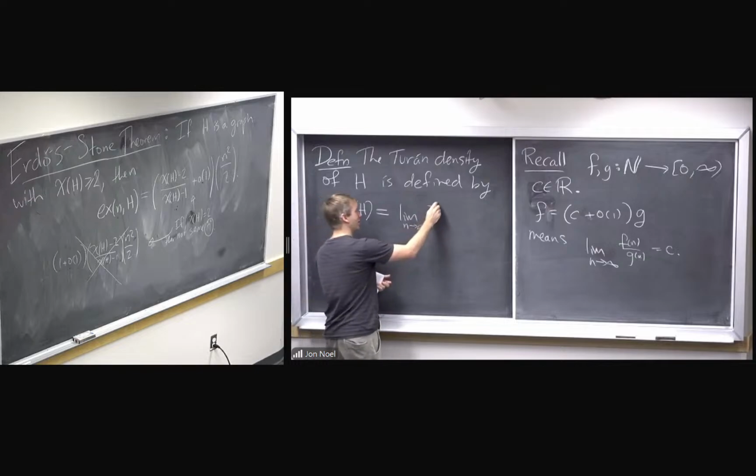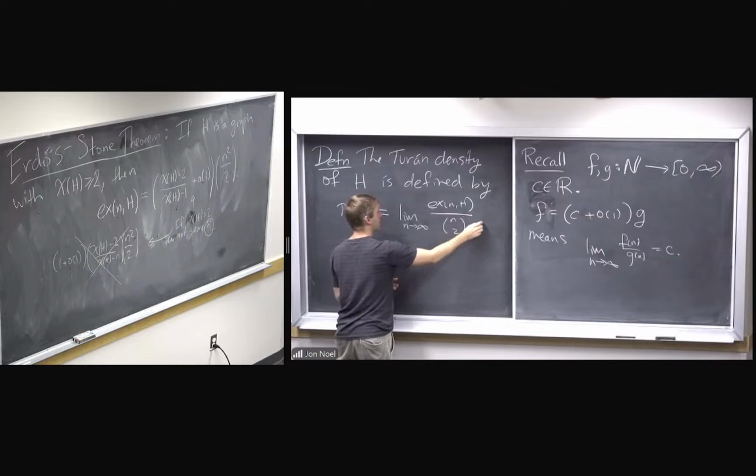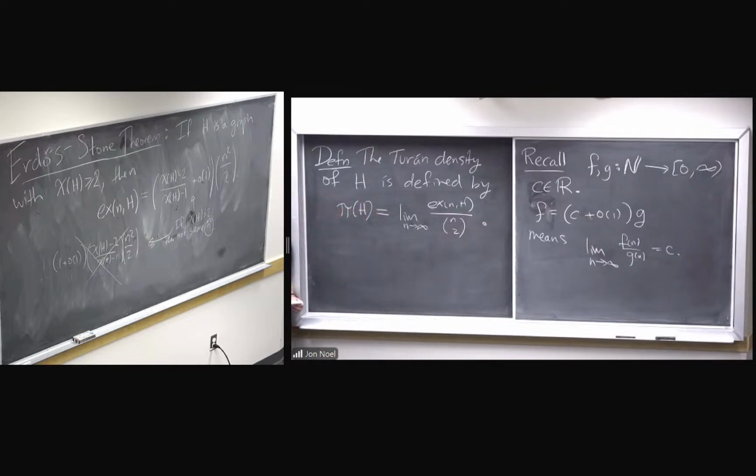So it's like the extremal number of H divided by n choose 2, and we take the limit as n goes to infinity.